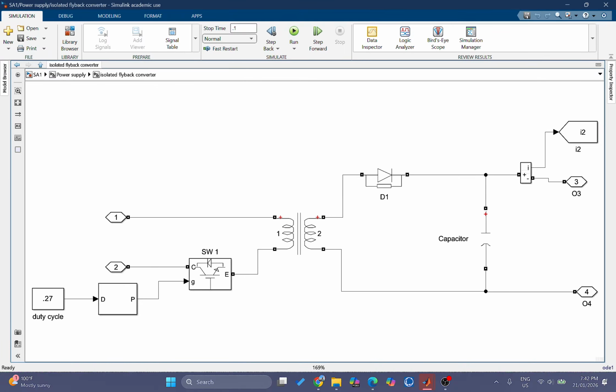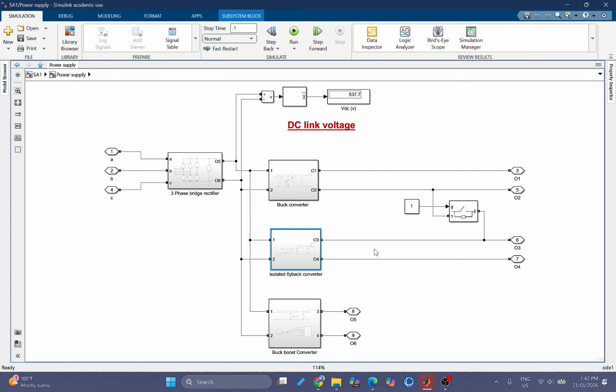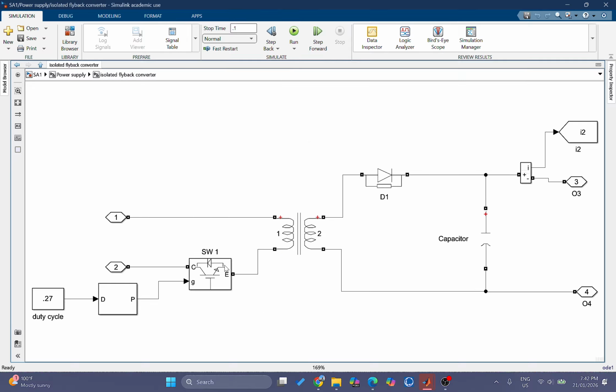Initially, you can use two buck converters to step down the high voltage of 537 volt to 50 volt, but when you connect them in series, it is not electrically isolated. Therefore, you do not get the series connected voltage of 75 volt. Therefore, you have to use the isolated flyback converter, which uses a transformer.